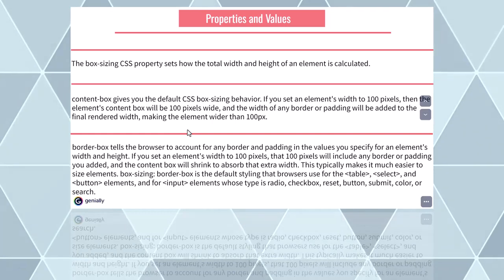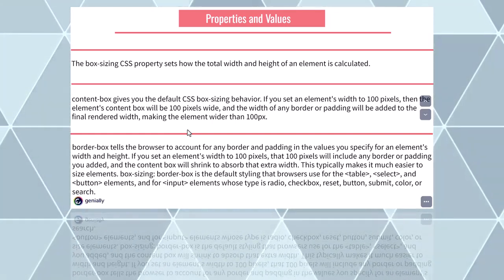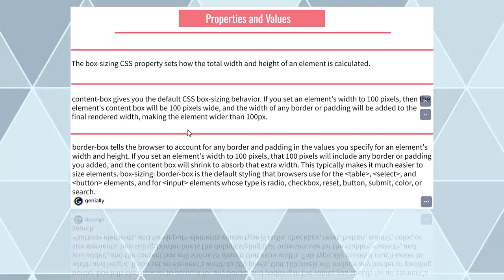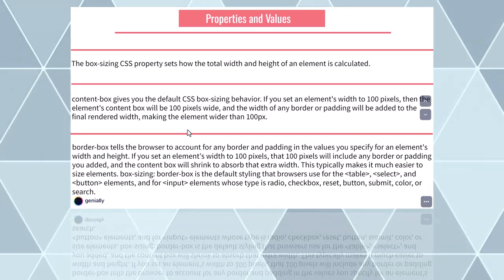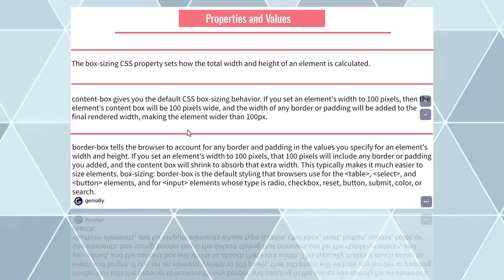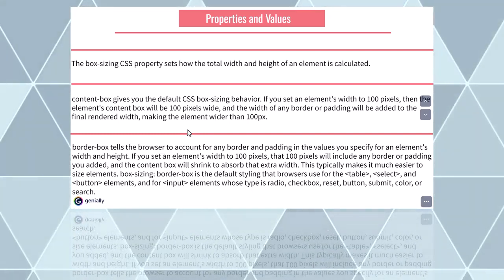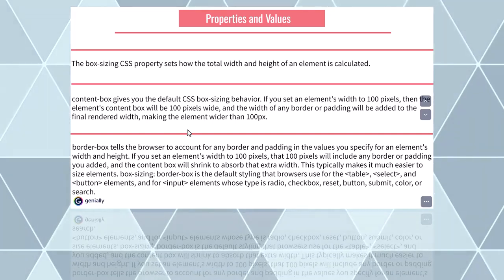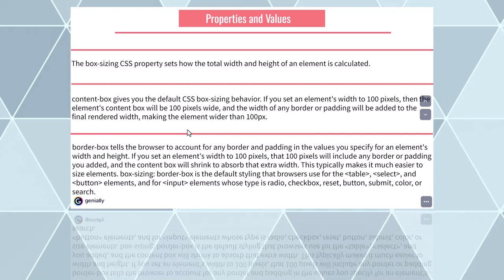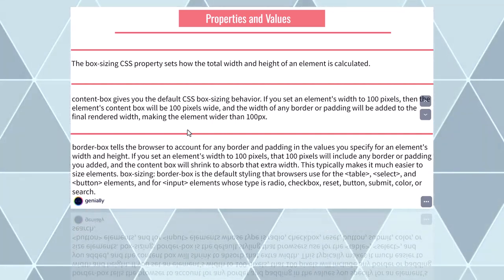But let me just go back to content box. Let's say you gave an element a width of 100 pixels, right? The size of that element's width is 100 pixels. But the minute you add a border, let's say you declare a border property and give it a border width of, let's say, 50 pixels, the size of the element is no longer 100 pixels wide, because there was a border defined, which is 50 pixels.